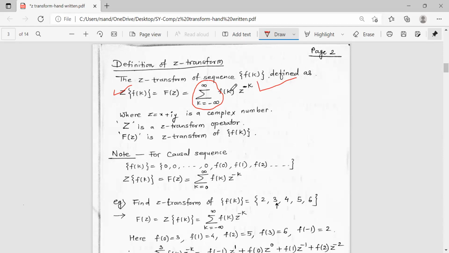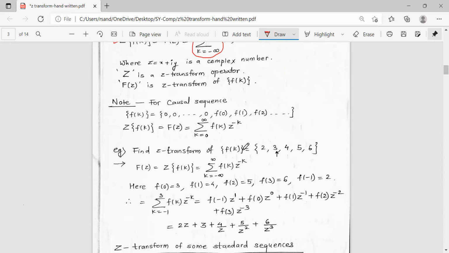What is the resulting function? The resulting function is in the form of this z, so that is why we are calling this F of z. So Z transform of any sequence f of k is the answer F of z. By the definition, this is summation. So this summation formula you have to remember for the transformation. This is the definition of the Z transform.